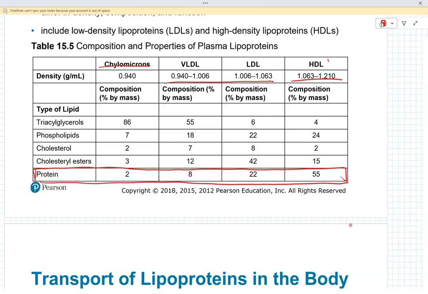Look at the percentage of proteins within each complex. Remember, proteins have much higher density than lipids. So if you have a very small amount of protein, the overall density is low. This is why we call it very low density lipoproteins. But as the amount of protein increases, the density increases. And this is why we call it high density.